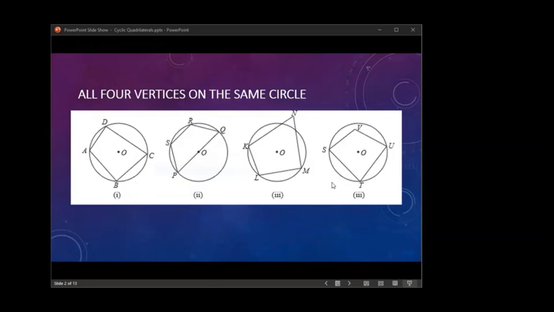In the fourth diagram, S, T, U lie on the same circle, but not V, so it is not a cyclic quadrilateral either. So only the first and second quadrilaterals are cyclic quadrilaterals. We'll move on to the next slide.